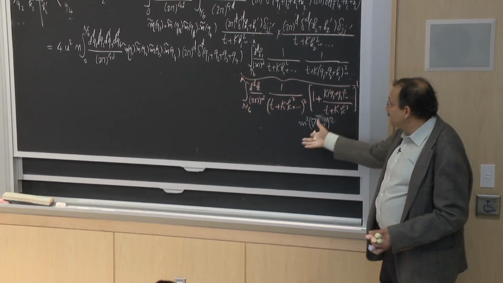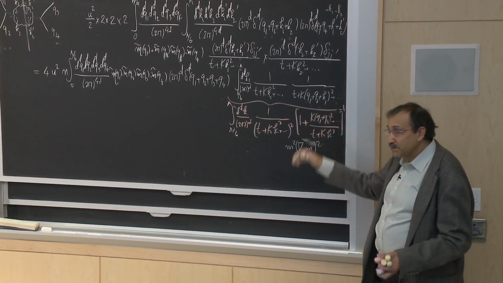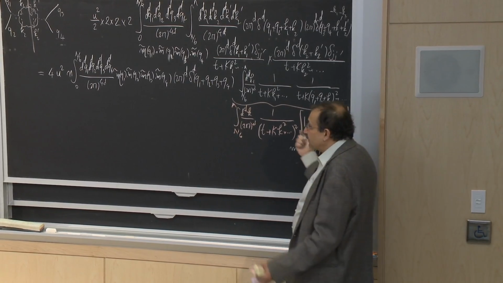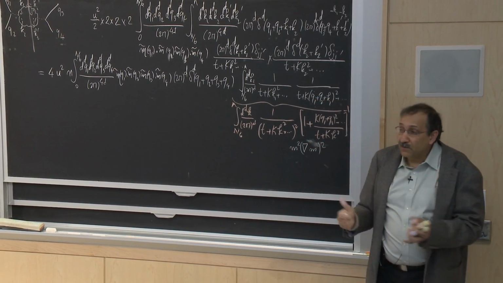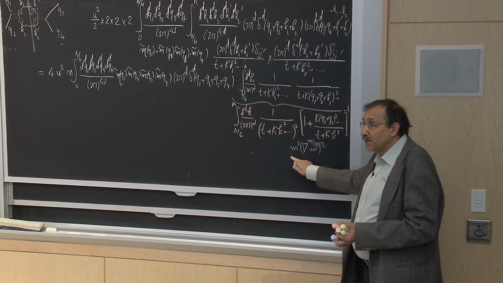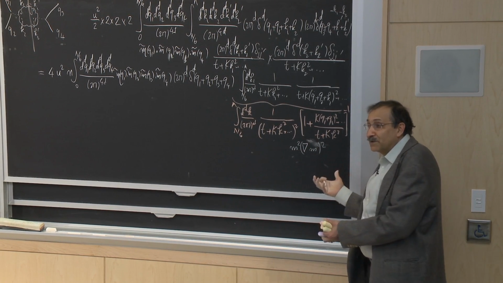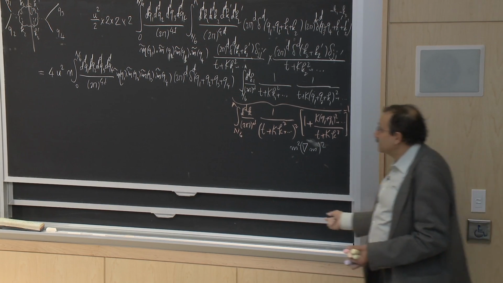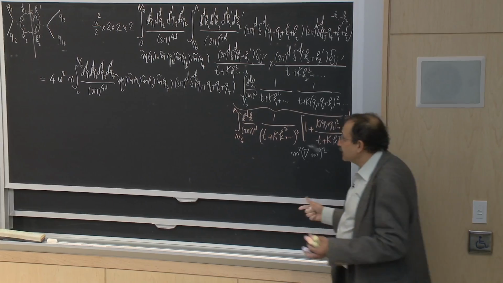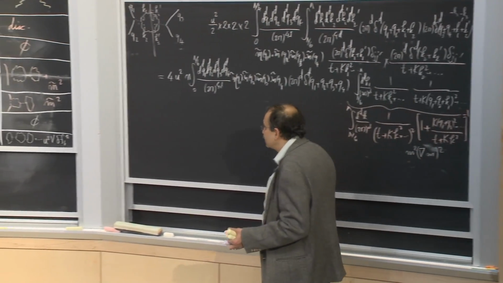So I should have really included these types of terms at the beginning, because they will be generated under the RG, and then I can track the evolution of all of the parameters. I started with 0 for this type of parameter. I generated it out of nothing. So I should really go back and put it there. But for the time being, let's again ignore that. And next time, I'll see what happens.